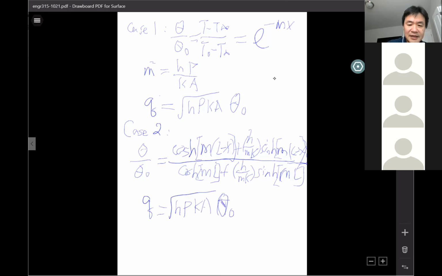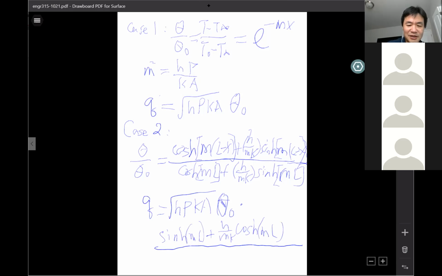Then multiply by, I have to write in the next line, sinh mL plus h over m k cosh mL.